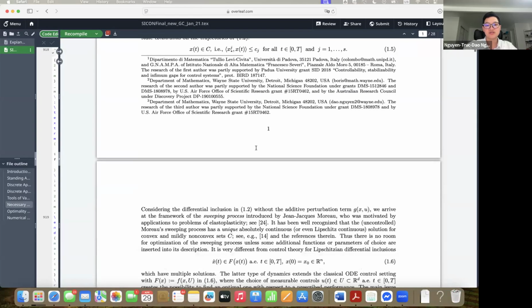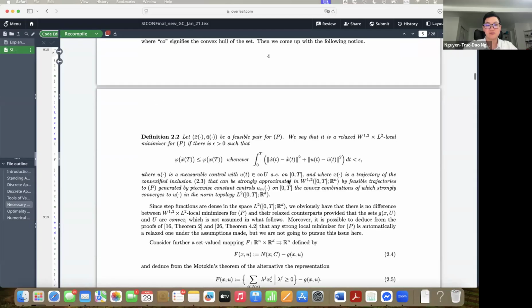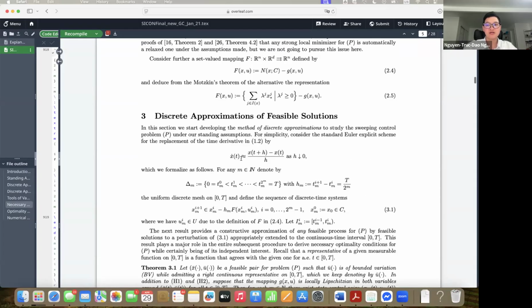Now we will try to construct the discrete approximation problem by using the Euler explicit scheme. We will approximate the derivative by x(t+h) minus x(t) divided by h. And we have the discrete mesh. So we divide the interval from 0 to capital T into smaller subintervals, t_0^m, t_1^m, t_2^m.